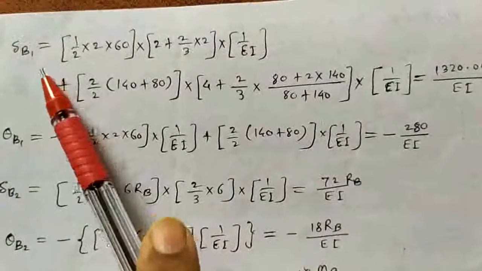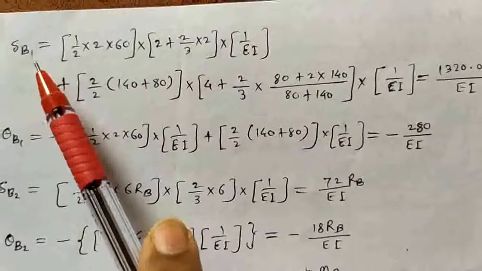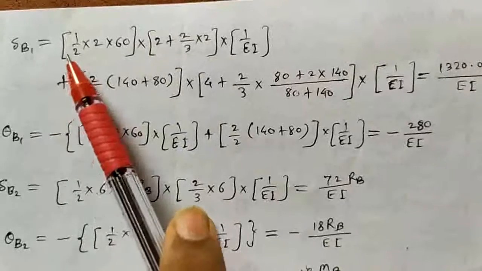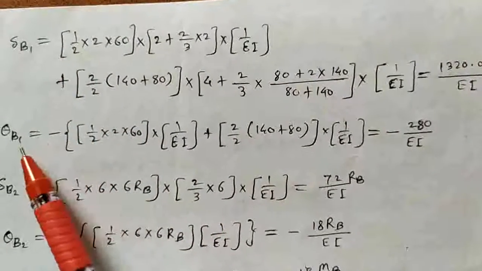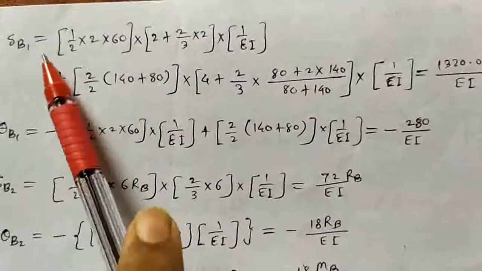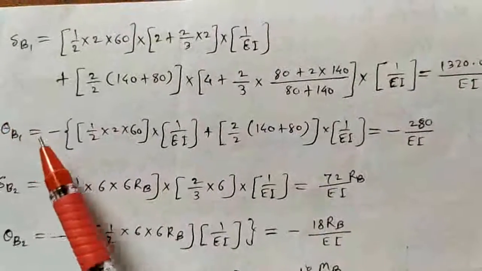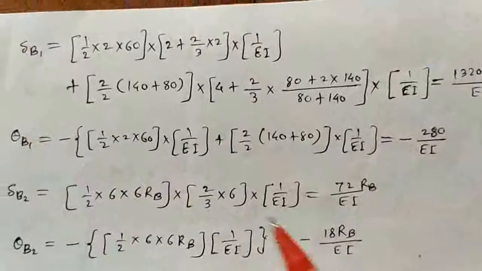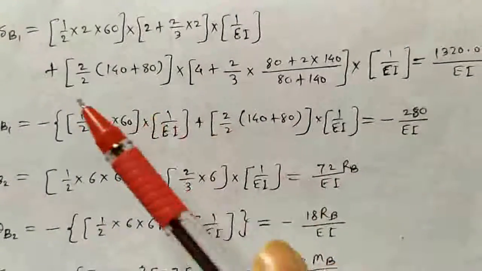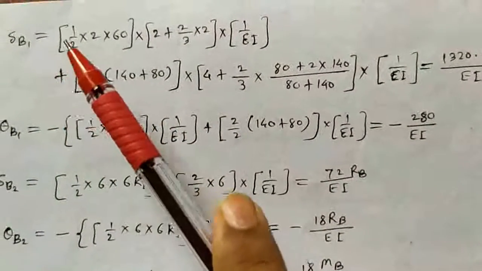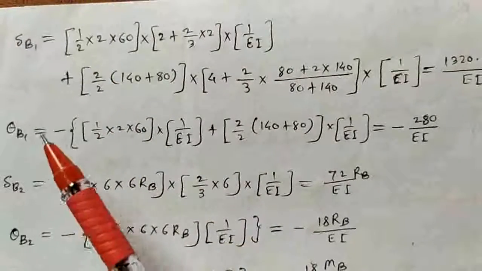In a simple way, you can consider that if delta is positive, then theta will be opposite of it. Always delta and theta have opposite signs. Here I have written delta B1 as positive, which means theta B1 must be negative.